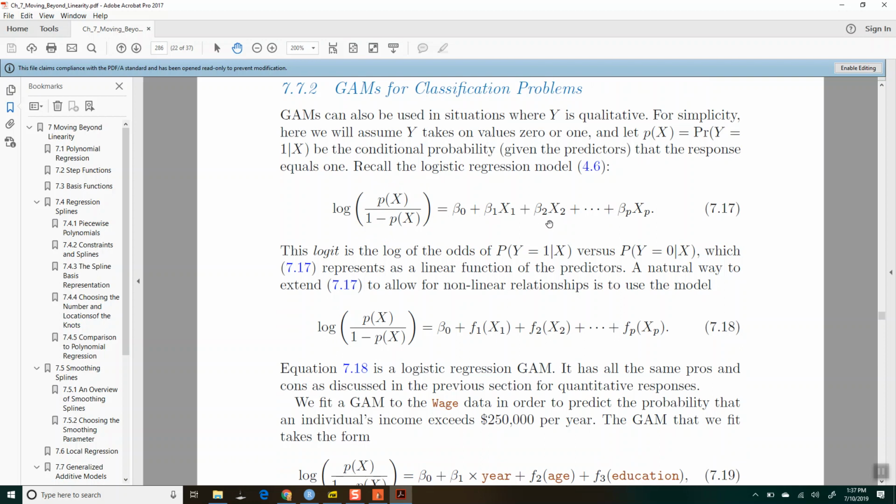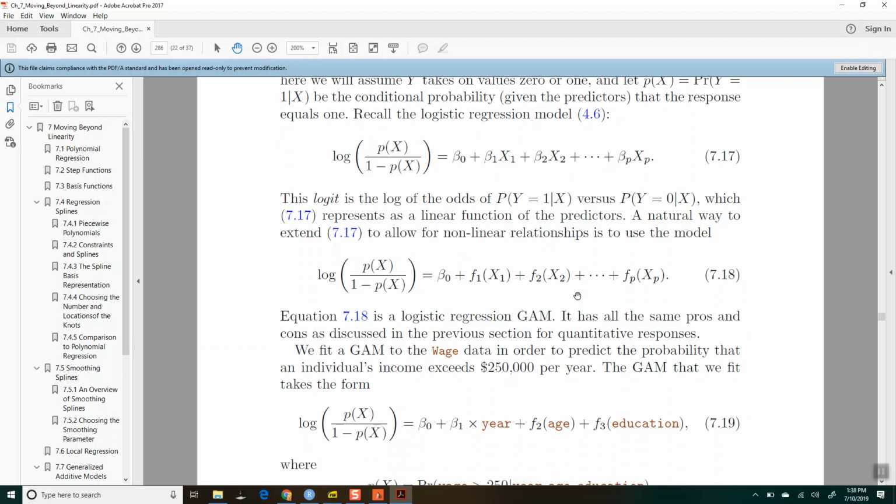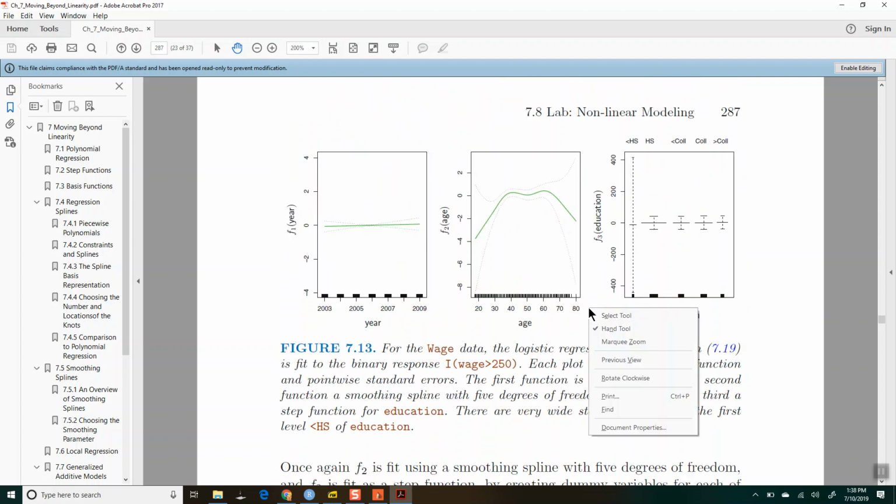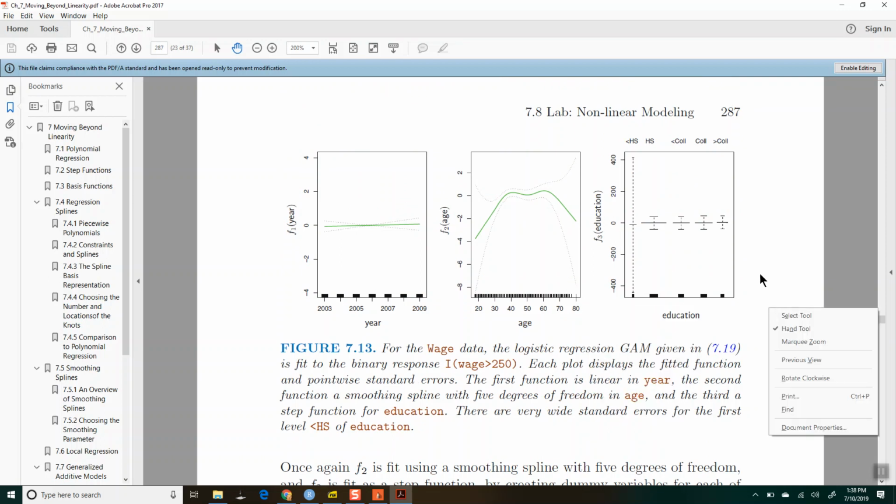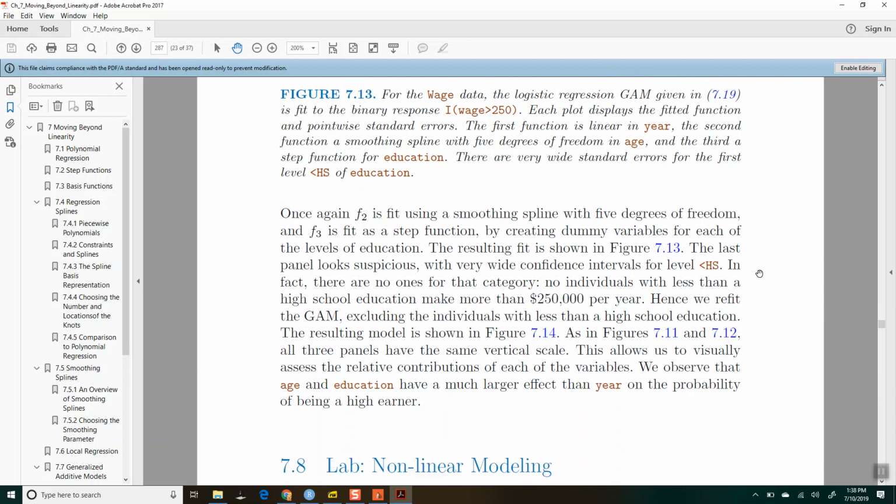This is the logistic model, the generalized linear model, the GLM, where you have the linear model and you put that into the logistic function. Here you can do the same idea, except instead of the linear model, you're using the additive model, where you have these non-linear functions of each variable, and you throw that in there. And so you can do that for wages.